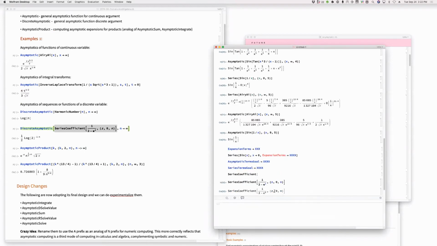Now if I were to say series of series coefficient, there's no discrete support over there. It's a discrete variable, and it doesn't understand discrete variables either. I see. So we do need a discrete asymptotic for sure. Wait, before you guys jump.